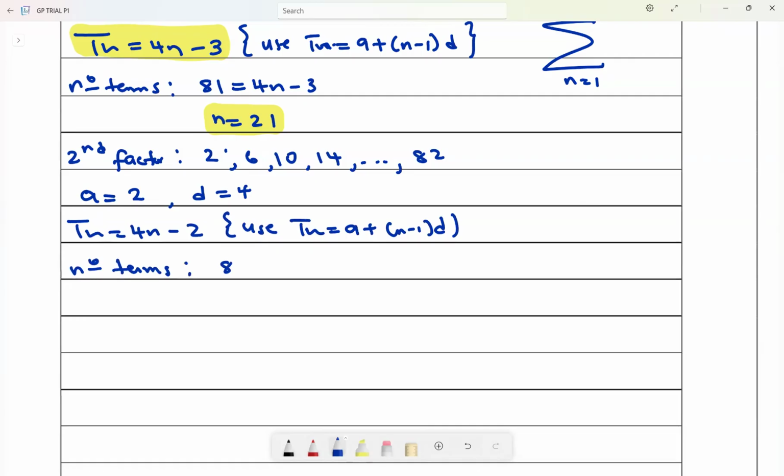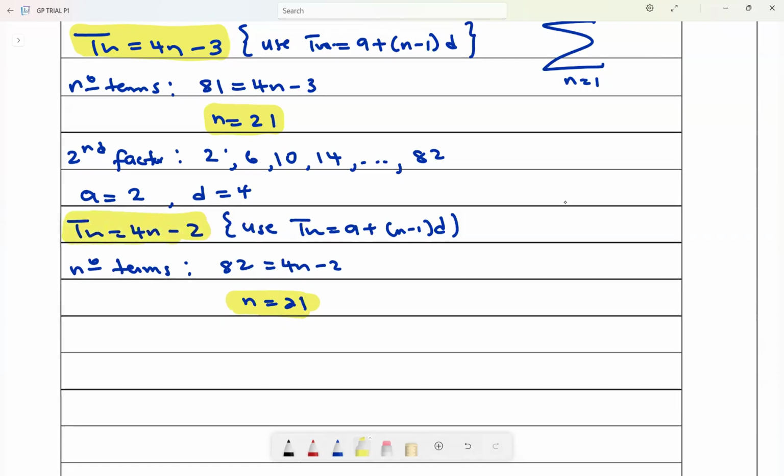The number of terms, I have 82, which is my last term here. It is equal to 4n minus 2. And then when I take, it's going to be 84 again. Okay. So n is equal to 21 again. Okay. So they have equal numbers, I believe.